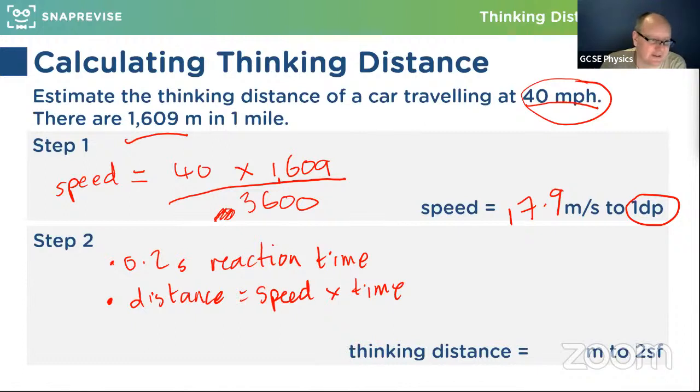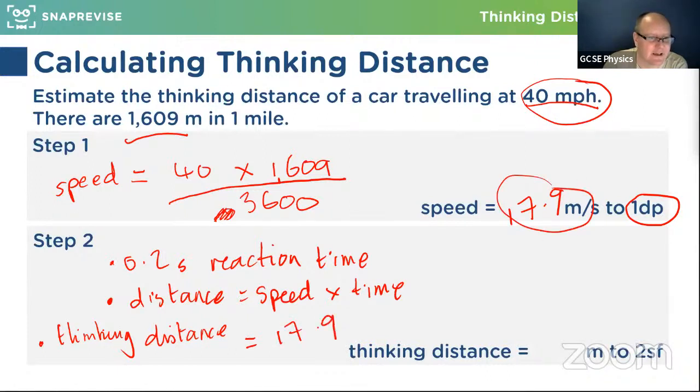So our thinking distance, using that formula, is going to equal our speed in meters per second, which we've just calculated. So 17.9 times the time it takes us to respond, which we've decided is going to be 0.2, and that's an estimate. So 17.9 times 0.2 equals 3.6 meters.